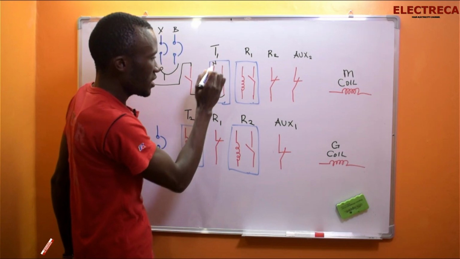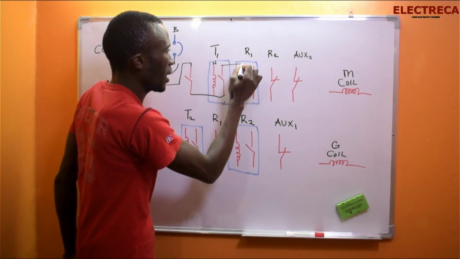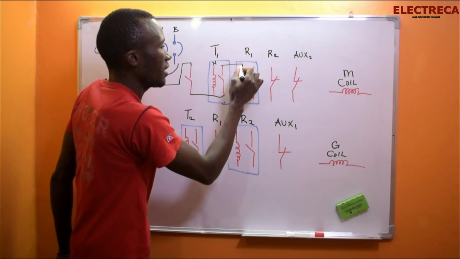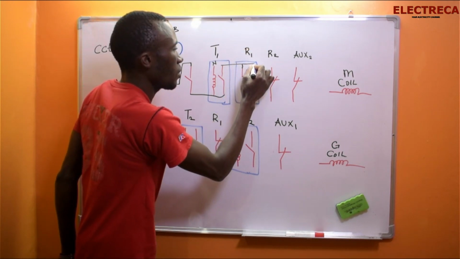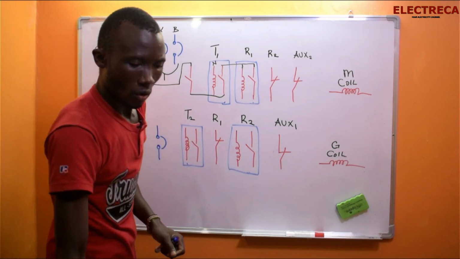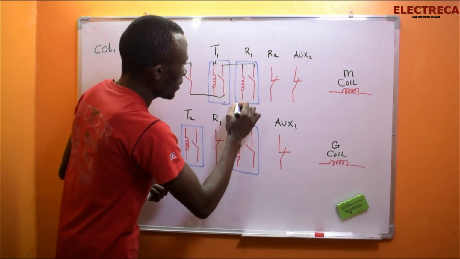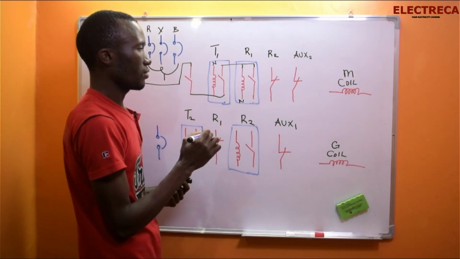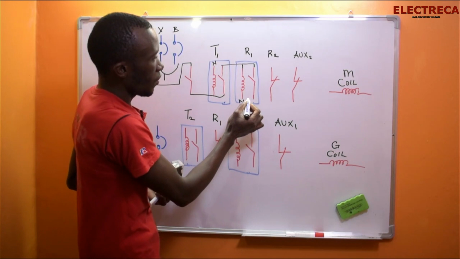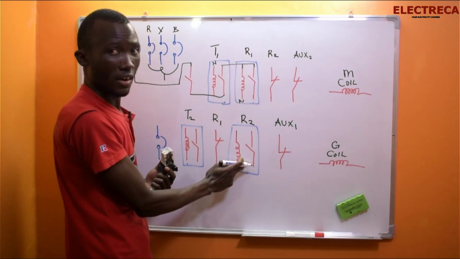Then through this timer here, if it closes, our coil here, R1, gets supply, and at the same time we loop this to the normally open contact of the relay. Now this is a neutral. So from the R1, we have to go through R2. This is R2 right here.